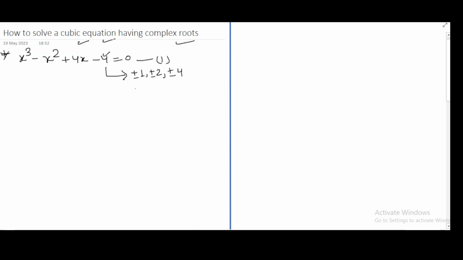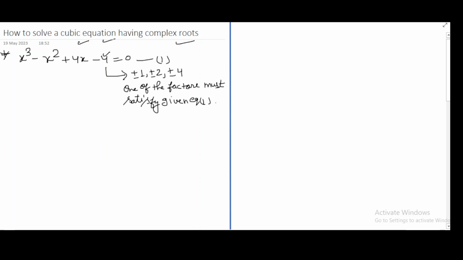In a cubic equation, definitely one of the factors, either plus 1 or minus 1, plus 2 or minus 2, plus 4 or minus 4, will satisfy this equation 1. One of the factors must satisfy the given equation 1, right?